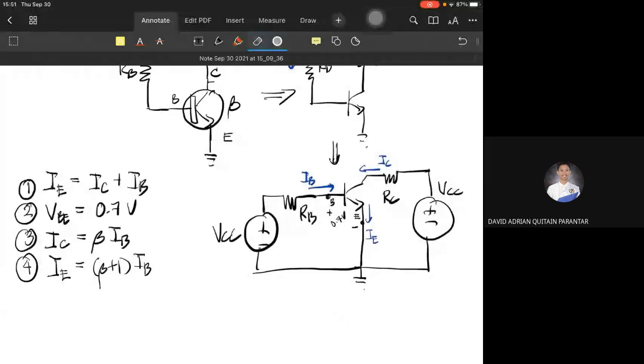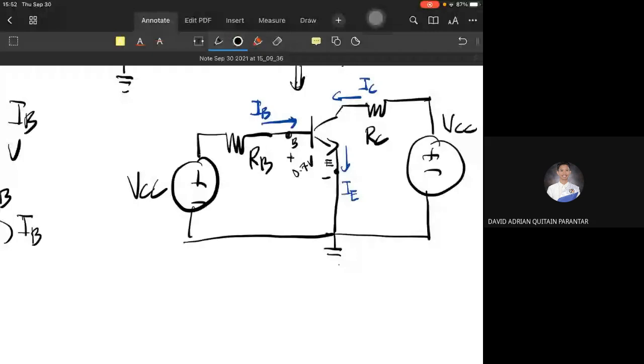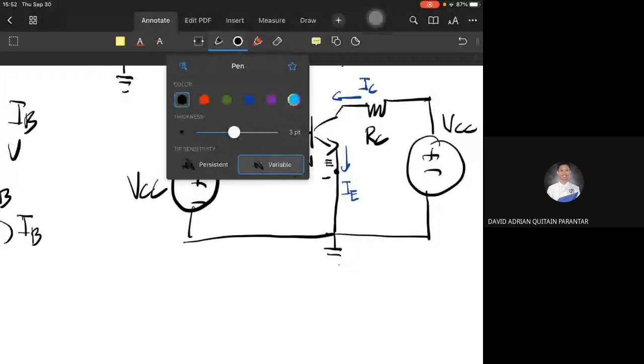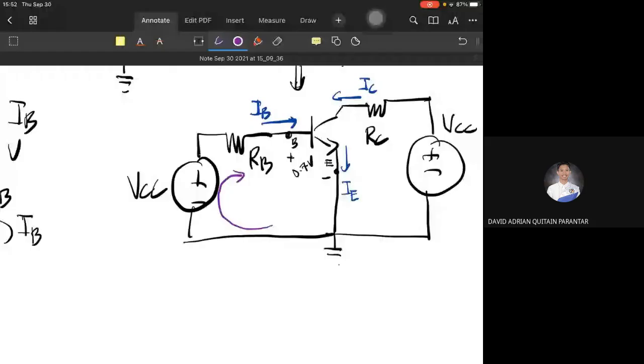Okay. So we have two loops involved here. This and that could be our loop 2.